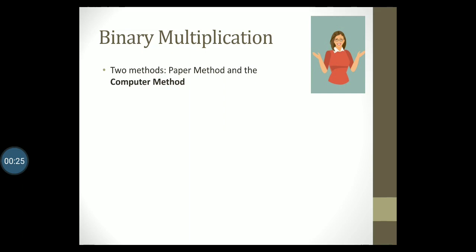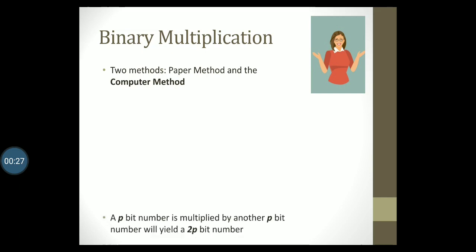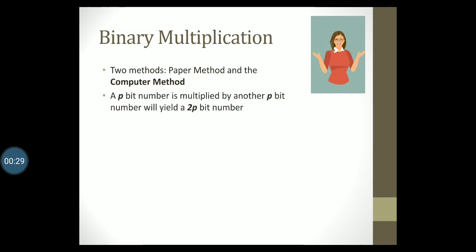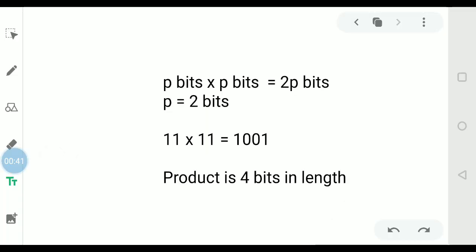The general concept here is that if you take a number which is of size p bits and multiply it with another number of size p bits, you will get a product that is 2p bits in length. I have written it here for better understanding.